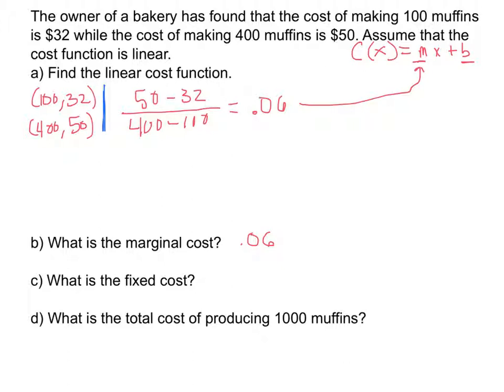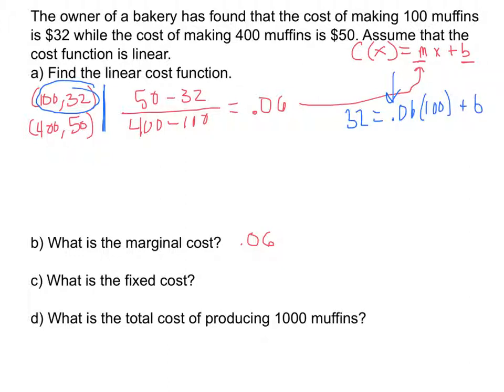However, we do know how to use linear equations and how to solve them. So if we take one of our points, it does not matter which of your points you use. I'm going to just use this first one, 100, 32. And you take your formula and you say 32 is equal to our m, which we just found is 0.06, times 100 plus b.